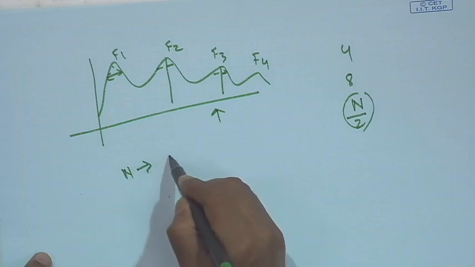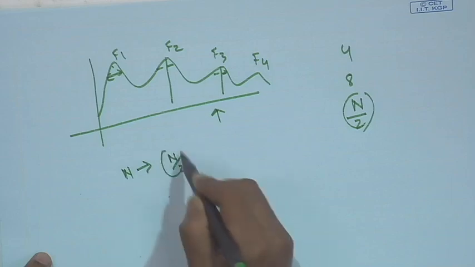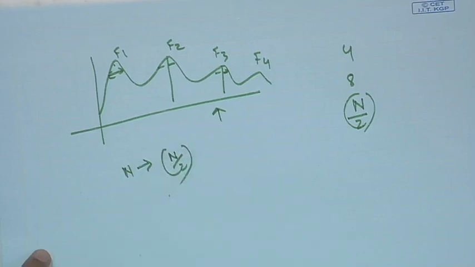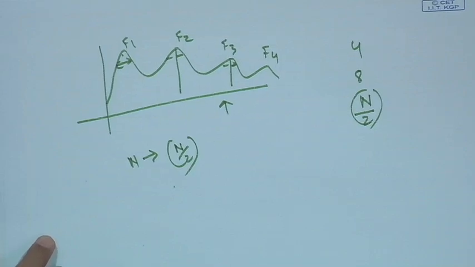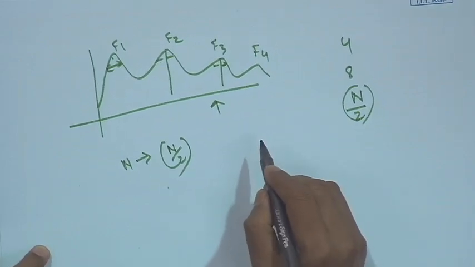Okay. So, do not confuse the number of complex conjugate poles with the number of normal poles. If there is an n-tube model, then I can get n by 2 complex conjugate poles. So, there will be n by 2 formants.